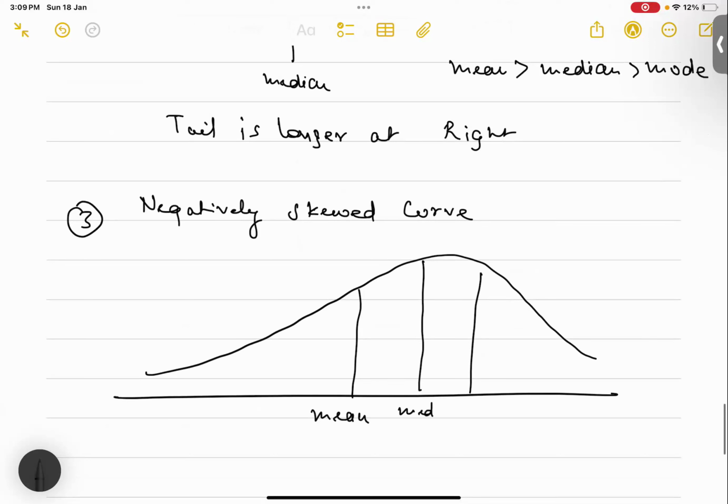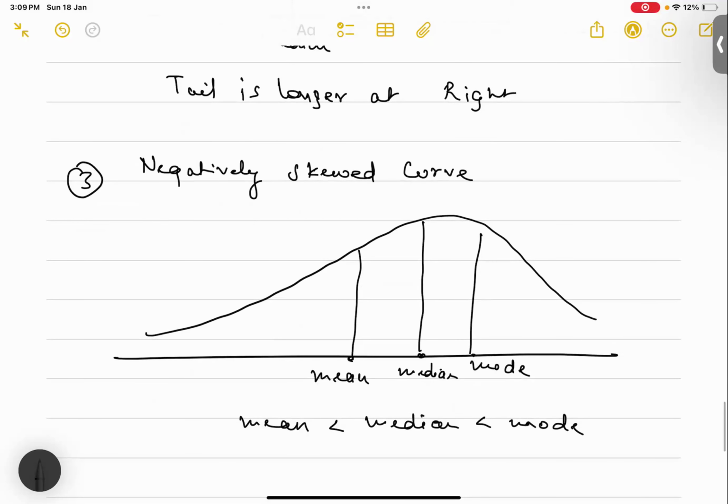Mean, median, and mode. So here, mean is less than median less than mode. Tail is longer towards the left.